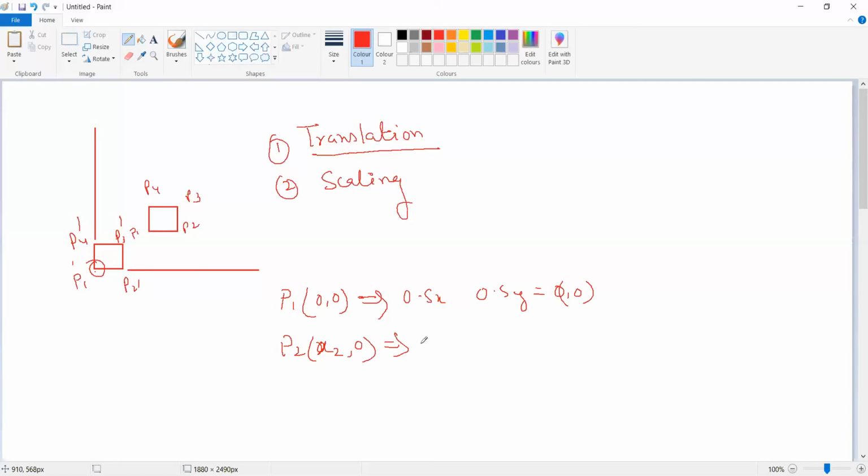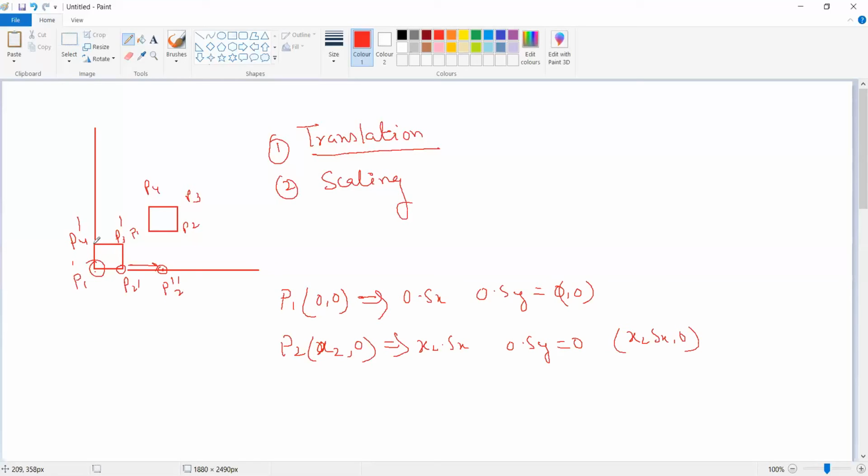If you multiply this x2 by Sx, you will get some value, but if you multiply this 0 with Sy, you will again get 0. That means this point will be x2 Sx, 0. So this point will remain somewhere on this line. Suppose this point is over here. So this is our new P2 double dashed. So point P2 will shift from this position to this position.